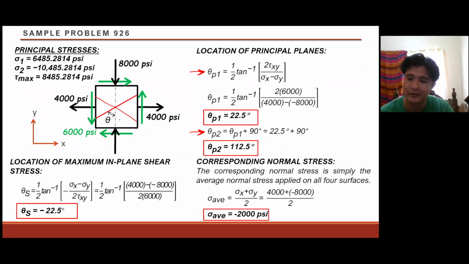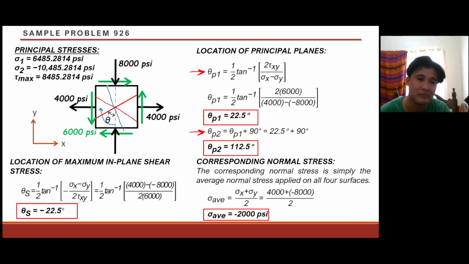Okay? So, tama. So, negative 22.5 degrees. So, yung magiging rotation niya, kung yung mga principal stresses natin, nag-rotate tayo ng counterclockwise from the vertical face ng ating stress element, dito mag-rotate tayo ng clockwise naman na 22.5. So, negative 22.5 ay pagganito na siya.